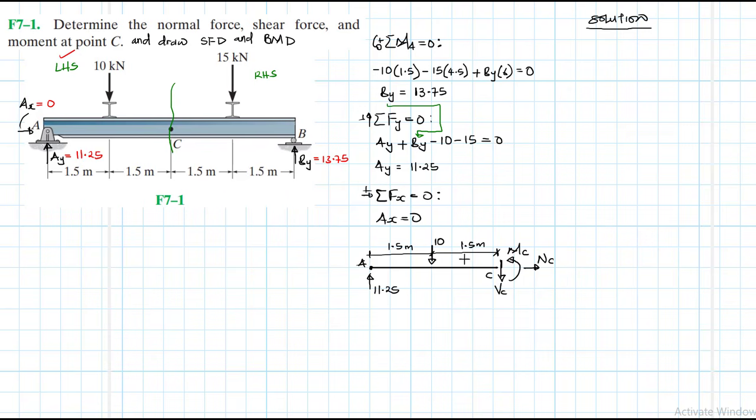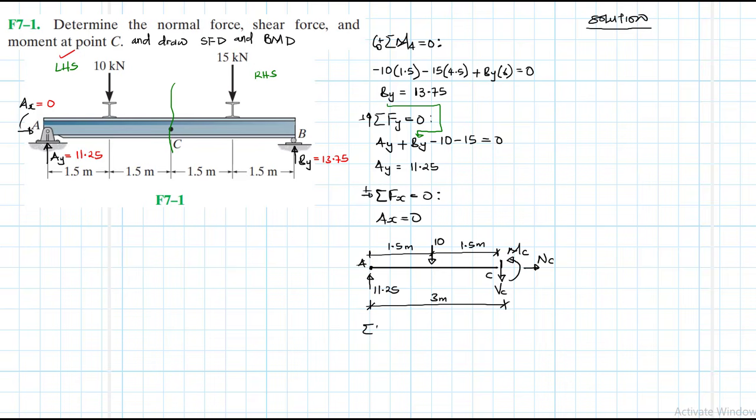Okay, when we do a section and we are using the left hand side of the section, of course, the other side also will have same magnitudes but just opposite direction. All right, so here we go. Then the length from there to there is 3, of course.